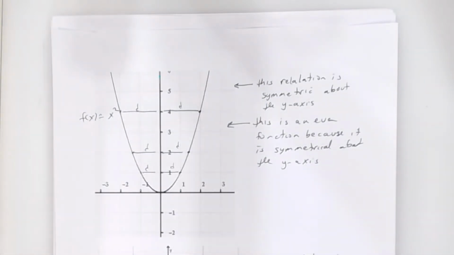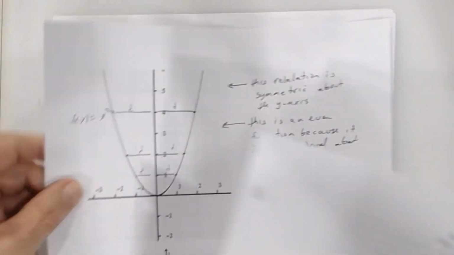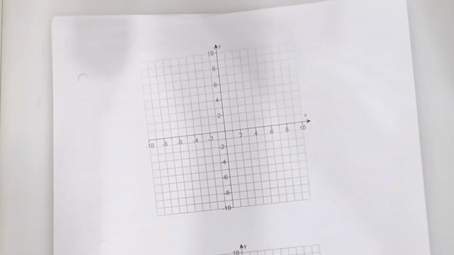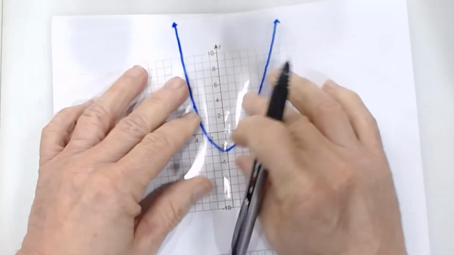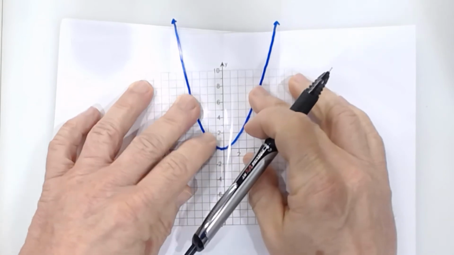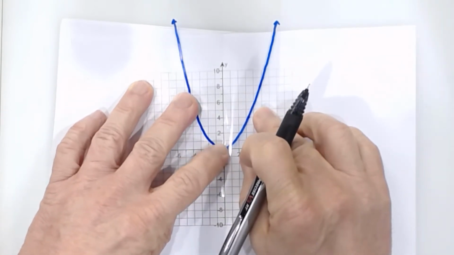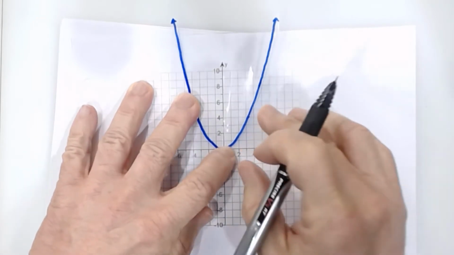So if I were to use another grid here, now remember, this right here is what function? Yeah, it's even, but very good.